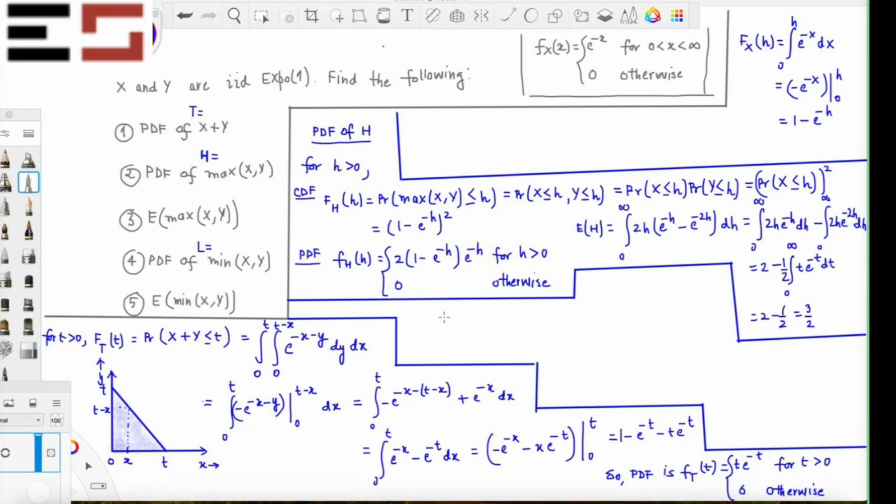So first we can figure out the CDF, which is equal to 1 minus the probability that min XY is greater than L, right?